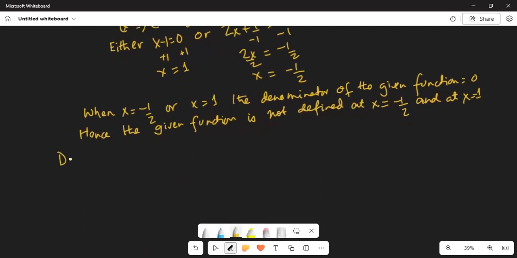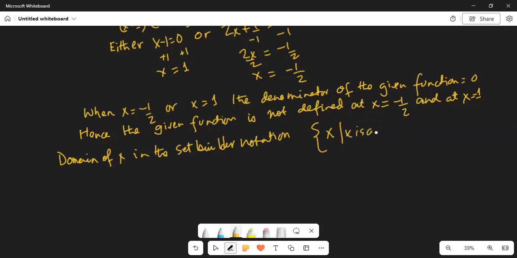Domain of x in the set builder notation is x, x is a real number and x not equal to minus half, comma, x is not equal to 1 also.